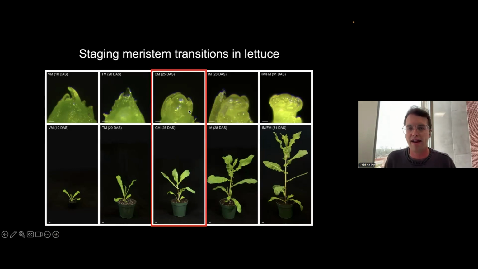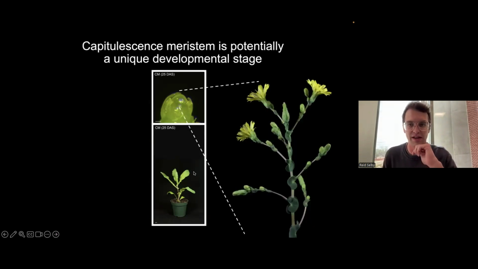I added a fifth additional stage that I'm calling the capitulescence meristem, because unlike the cultivated sunflower varieties that we've been using in the lab, lettuce actually produces an inflorescence of inflorescences, or an inflorescence of capitula, that I think is pretty unique.